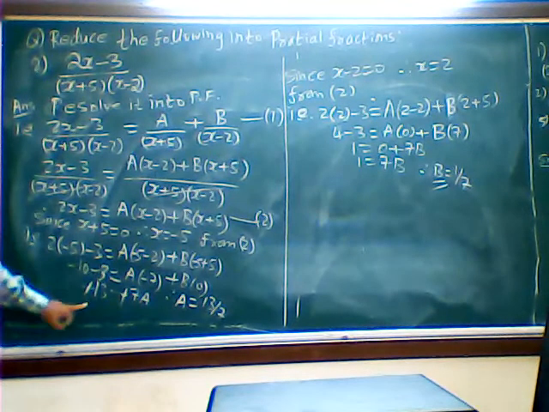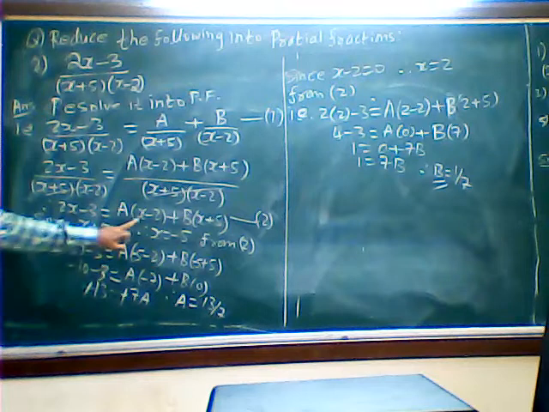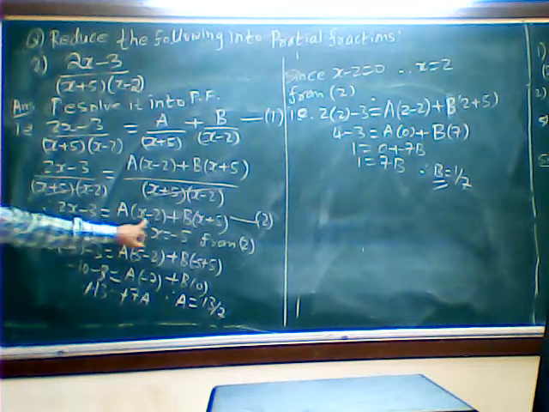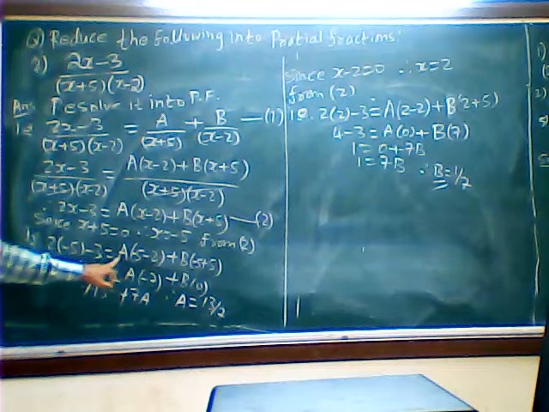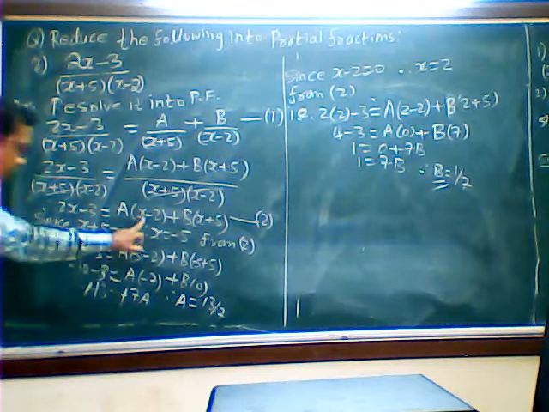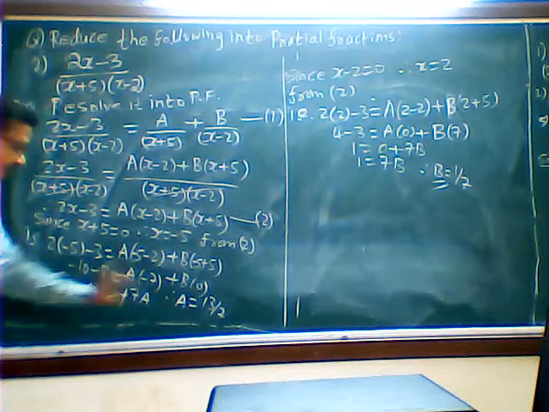So I got here A is 13 by 7. Last time I had to put minus 5, I had put 2 here. That's why I was saying A is 0. It should be A into minus 5 minus 2, that is minus 7.